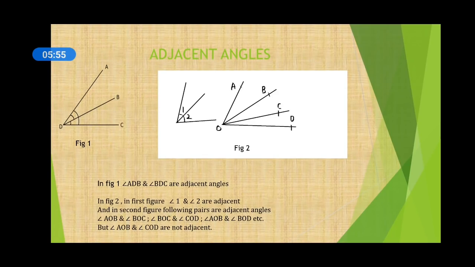The answer is no. Where they do not have a common arm but a common vertex, they are not adjacent. They should have a common arm as well as a common vertex. For example, AOB and COD have a common vertex O, but they do not have any common arm between them. So angle AOB and angle COD are not adjacent.